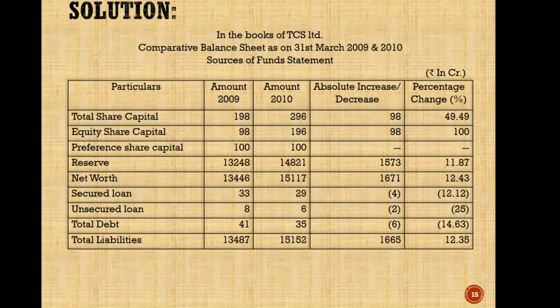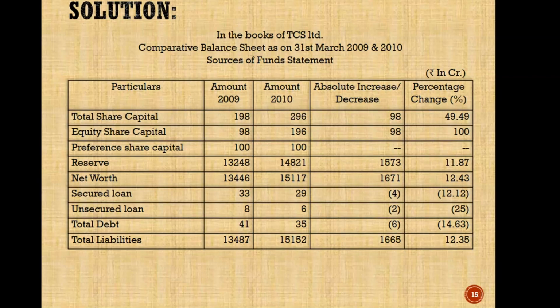Here you can see in case of equity share capital, a 100% increase is there. Preference share capital remained the same, so there is no increase in absolute or in percentage. In case of reserves, we can see 1573 is the absolute increase, and in percentage it is 11.87.